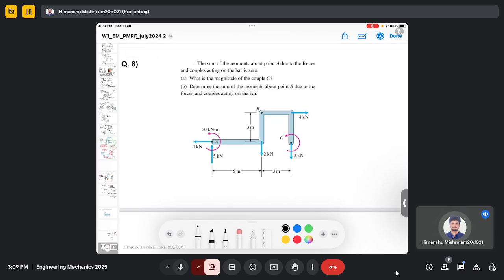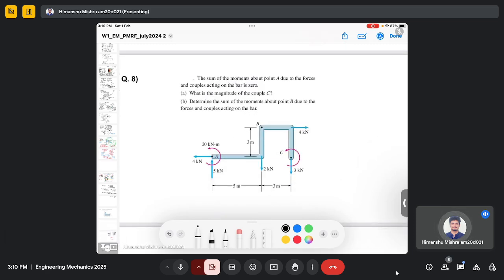In this question, we are given that the sum of the moments about point A due to the forces and couples acting on the bar is 0. The first part is, what is the magnitude of the couple C, and determine the sum of moments about point B due to the forces and couple acting on the bar.